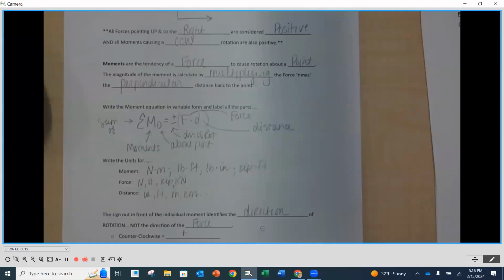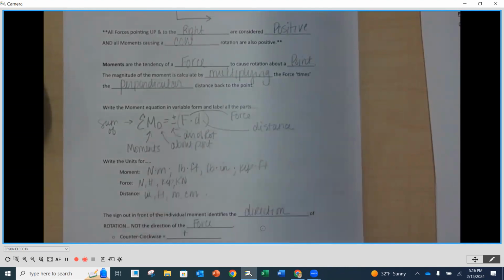The important thing to remember is that a positively directed force, depending on what side the point is that we're summing around, can cause a negatively directed moment, meaning it could cause a clockwise rotation and it would be negative. When we're summing moments, we're always looking at just the rotation, not whether the force is up, down, left, or right.